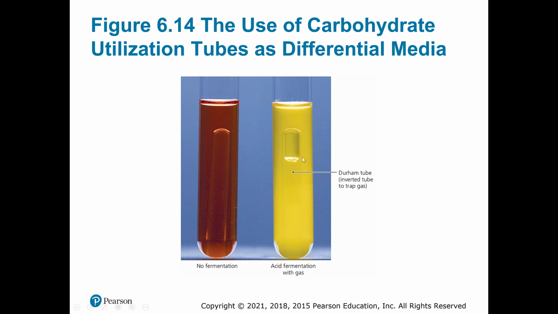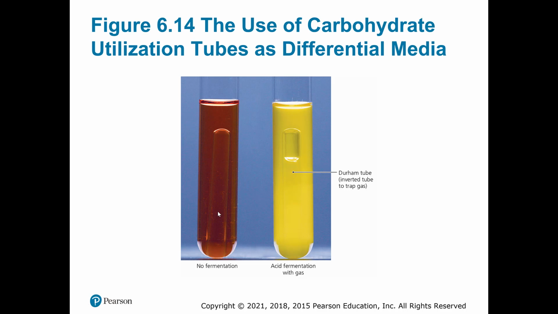Sometimes gas is a product of fermentation as well, and so there's this little tiny inverted tube inside the big tube, and that's called a Durham tube, and it can trap any gas that's produced by the bacteria when they're fermenting the sugar, and you can see that little bubble right here. So in this example, there was probably some bacteria inoculated in the tube on the left, but there was no color change.